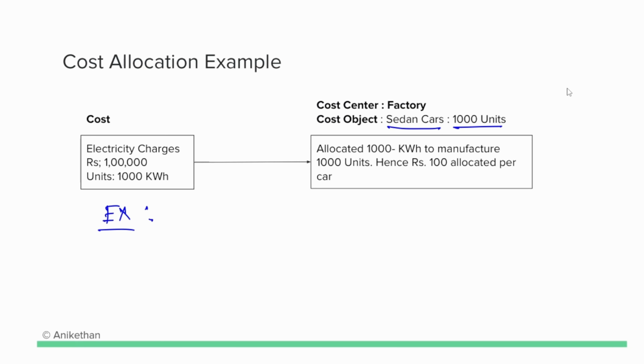How will you allocate this when there is only one type of object and there is a cost? This direct relationship is called allocation. Why allocation? Because there is only one type of cost object. The quantity may be whatever, and you have a cost. This is an example of cost allocation.